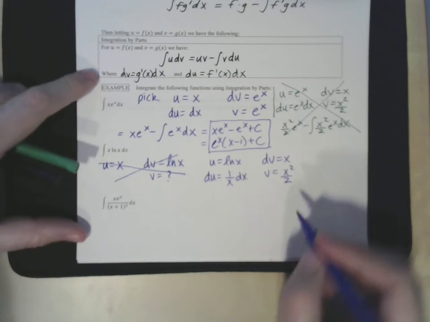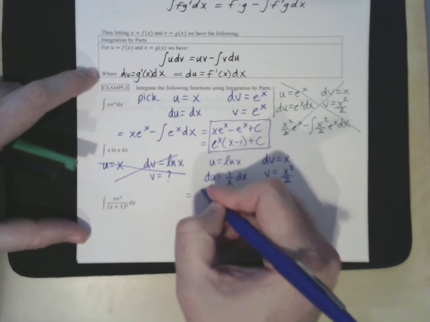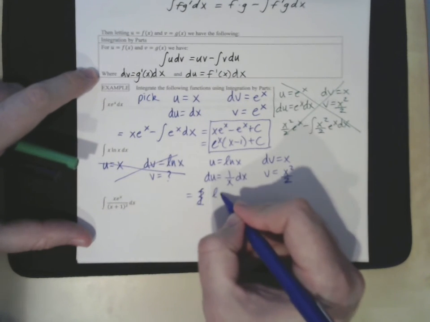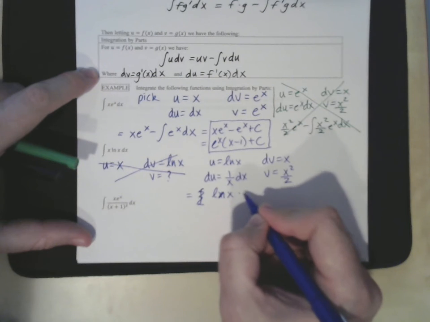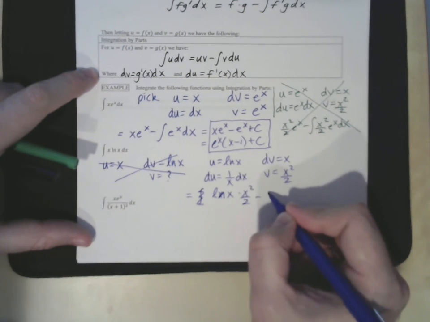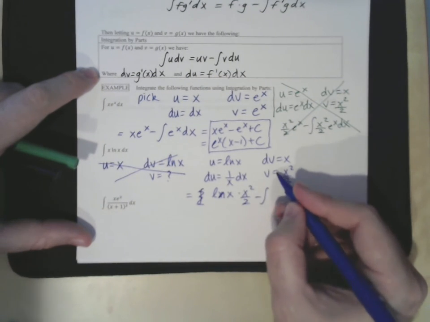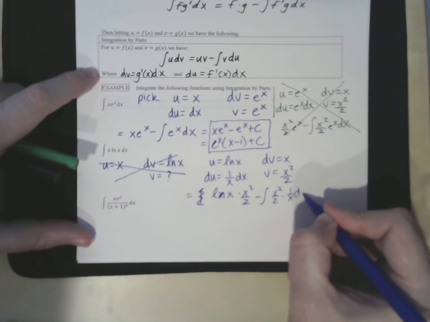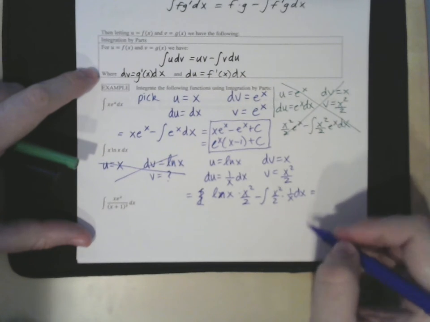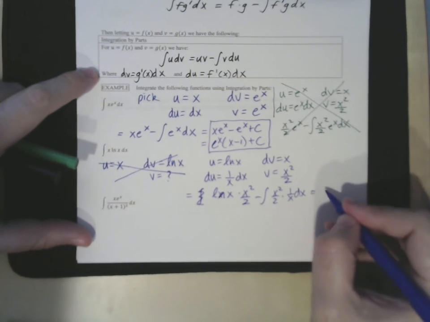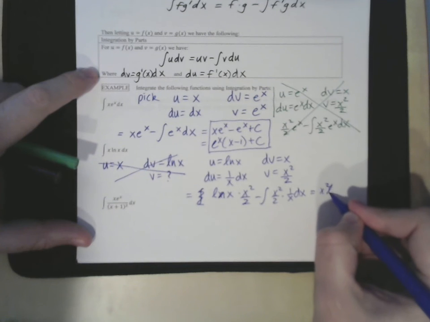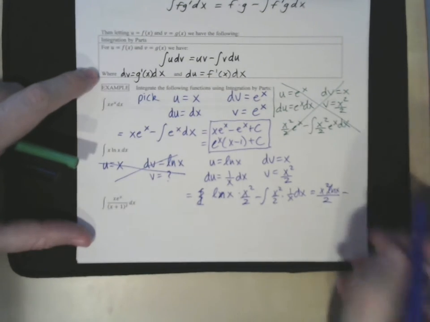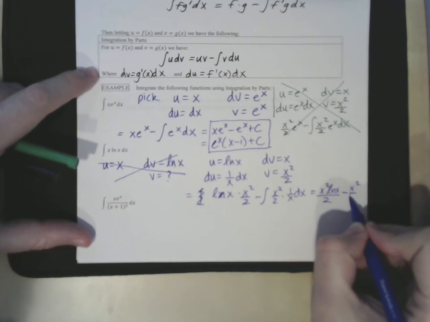And so our integral is uv, ln x times x squared over 2, minus the integral of v du, which is x squared over 2 times 1 over x dx. And that's just going to be x over 2. So this is x squared ln x over 2 minus x squared over 4 plus c.